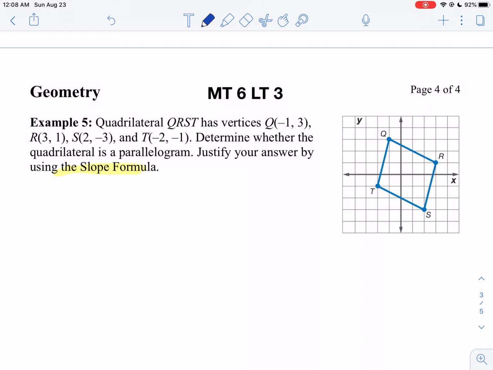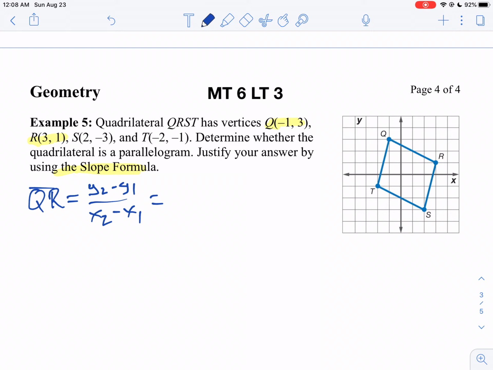So first, let's start with QR. I'm going to use Q and R. Our slope formula, remember, is y2 minus y1 over x2 minus x1. We should have that memorized by now. I always like to use the second point, so I'm going to use 1.